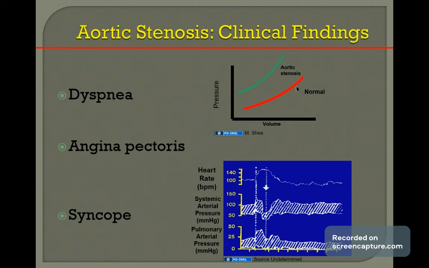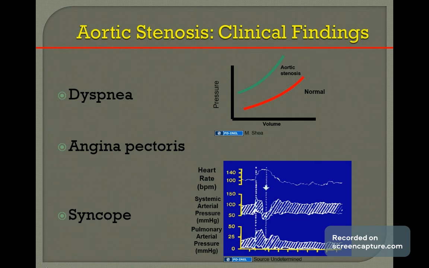Because less blood goes to the heart, there will be a mismatch between the supply and demand. The hypertrophied ventricle needs more supply, so there will be angina. Dyspnea occurs because of the pulmonary hypertension. Syncope occurs because there is poor stroke volume.